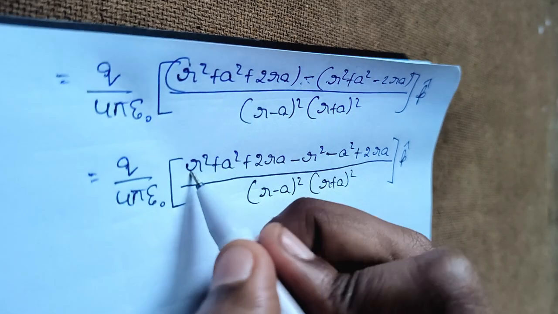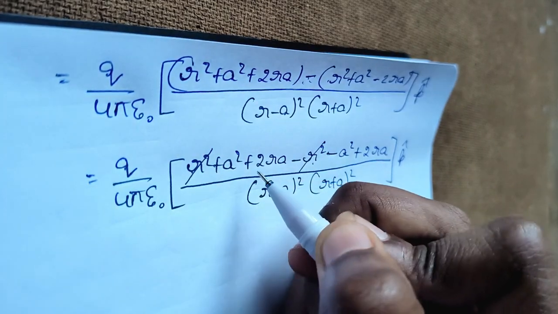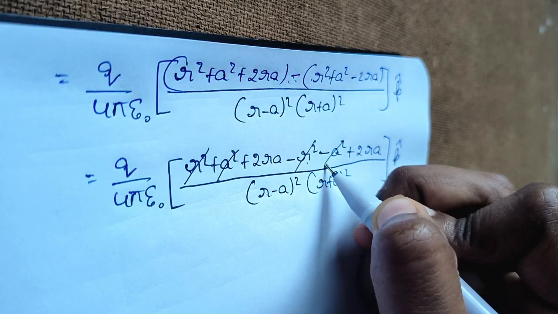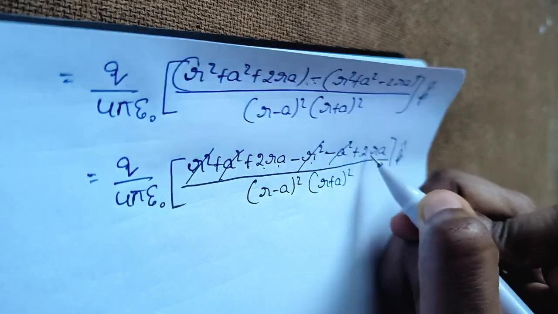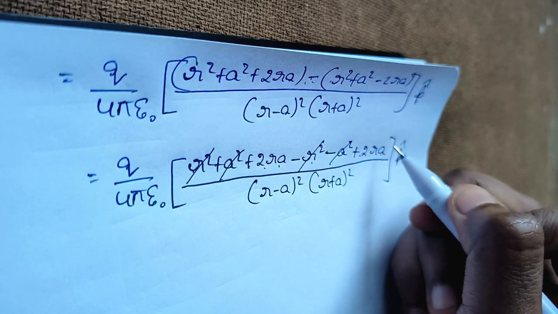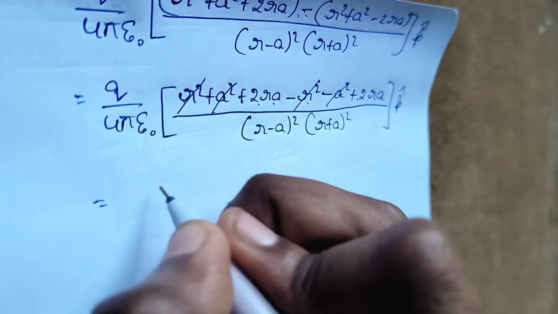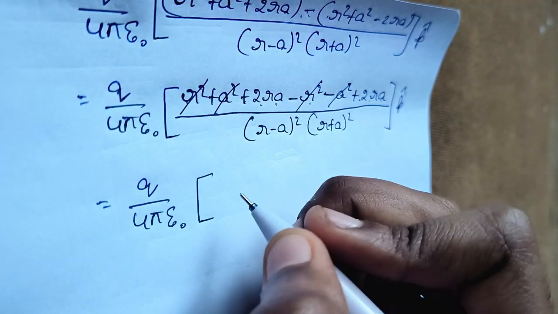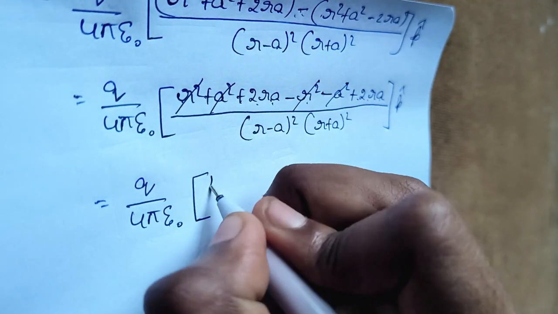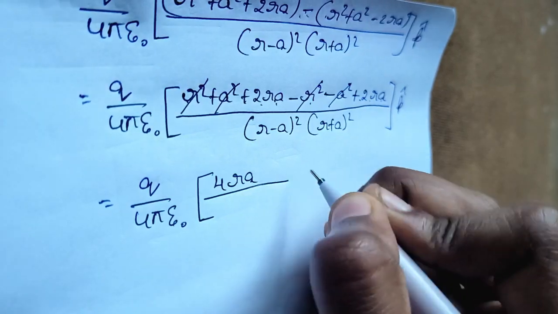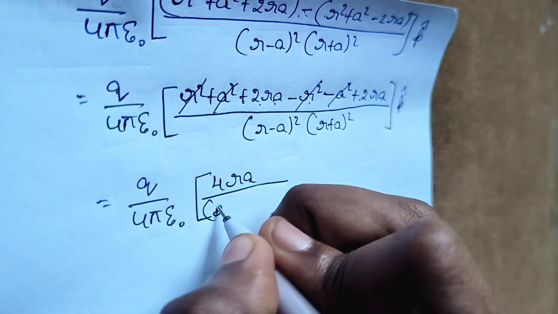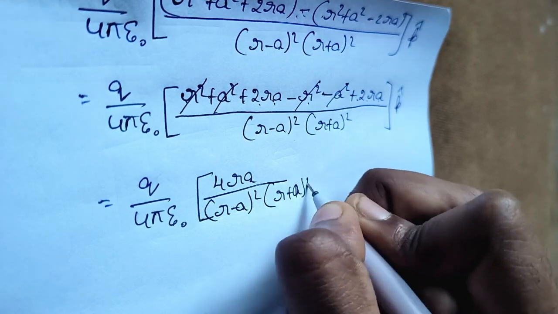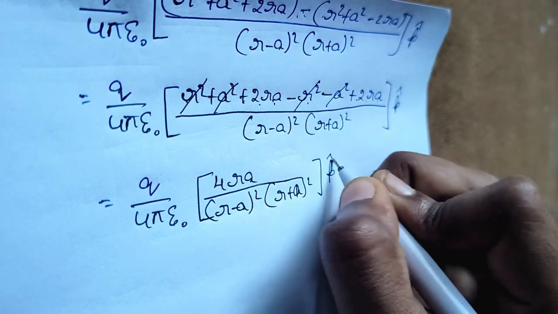Now plus r square gets cancelled, plus a square minus a square gets cancelled, and plus 2ra gets added. So we can write our next expression as q by 4 pi epsilon naught, 2ra plus 2ra is 4ra, divided by, in the denominator it is the same, (r minus a) whole square (r plus a) whole square into p cap.